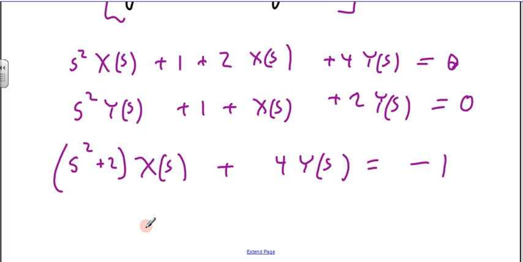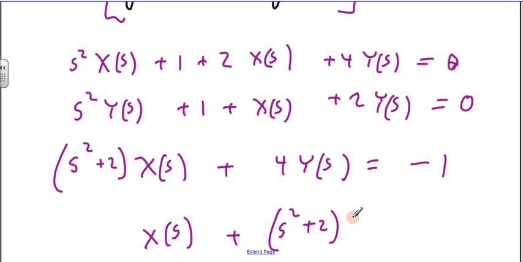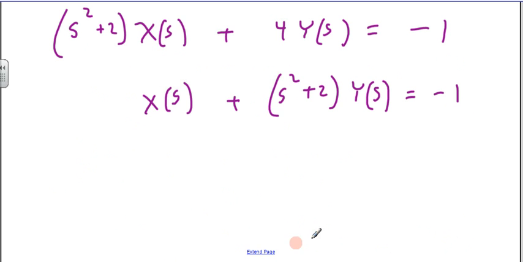And then I'm going to have X of s plus s squared plus 2 Y of s is equal to minus 1. So now it looks like I have two equations, two unknowns. Those are my coefficients sitting there in front of the X of s's and my Y of s's.